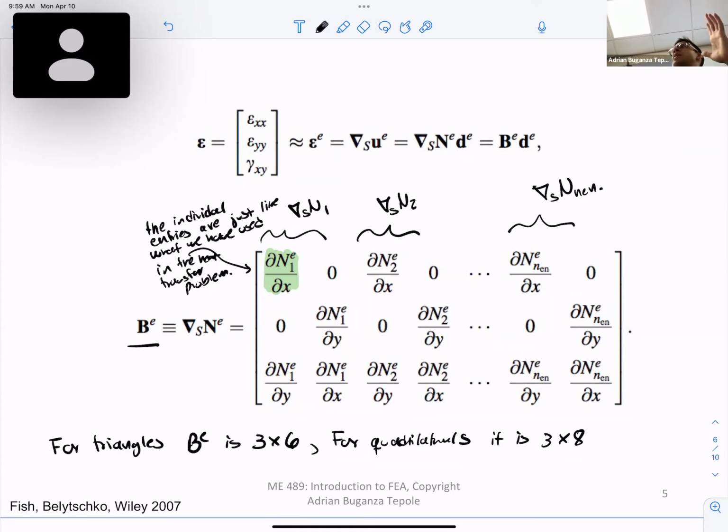So again, the B matrix has components of the derivatives of the shape functions with respect to x and y. It is a little different from the heat transfer problem for two reasons: because we have X and Y components, the B matrix now has twice as many columns, and also because there are 3 different parts of the gradient that we're interested in, the EXX, EYY, and the shear component.